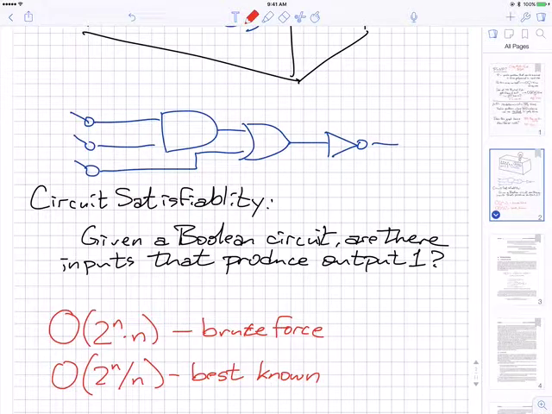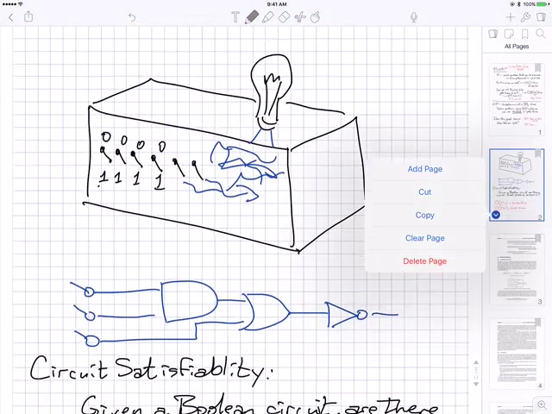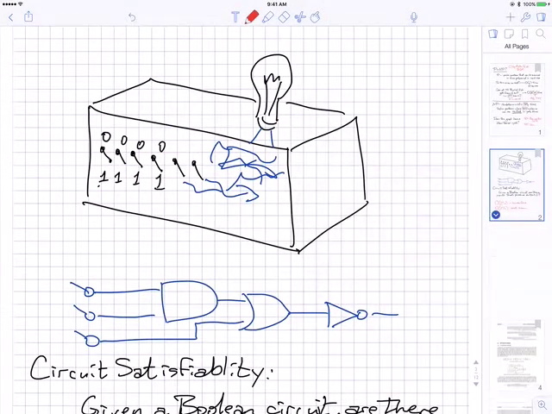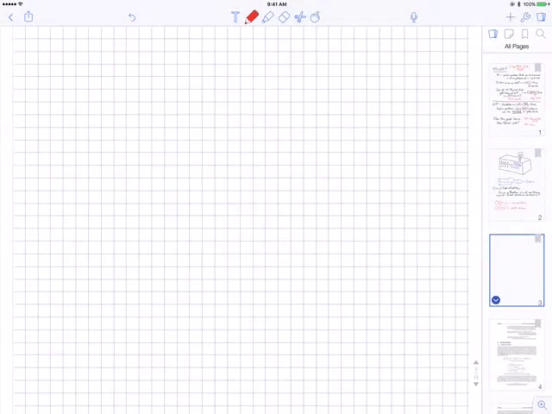Okay. This is a theorem that was originally proved by Leonid Levin in the Soviet Union in the late 60s, and independently by Steve Cook, then an assistant professor at Berkeley in the early 1970s.